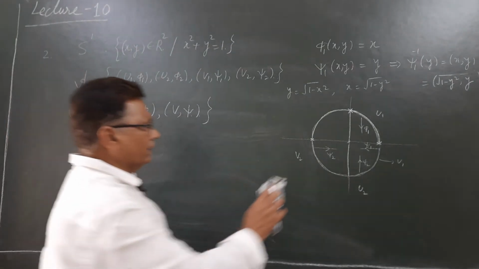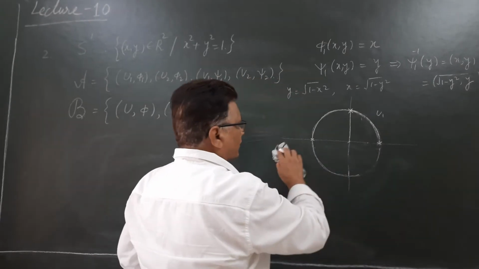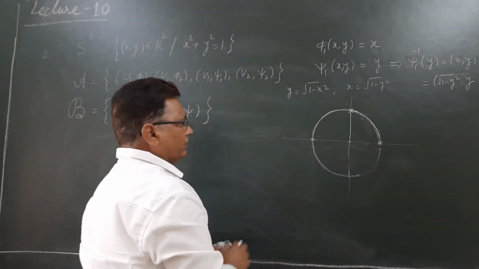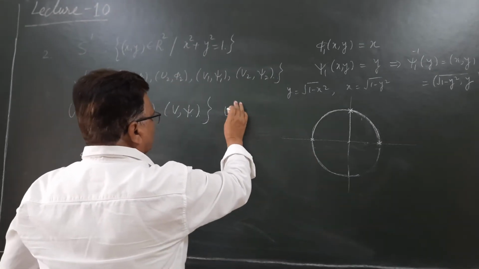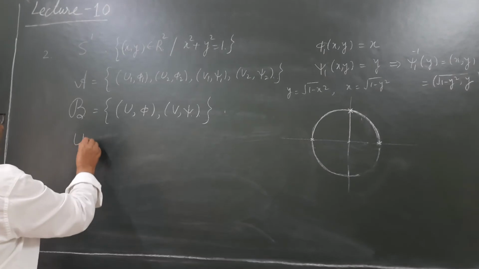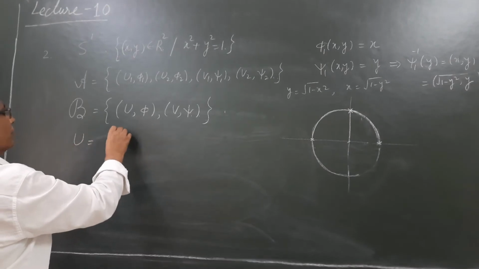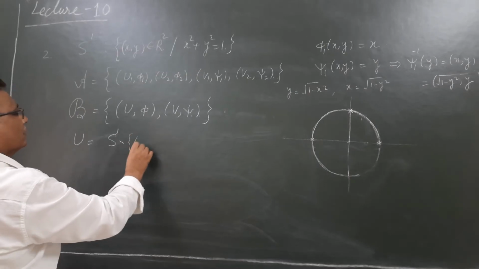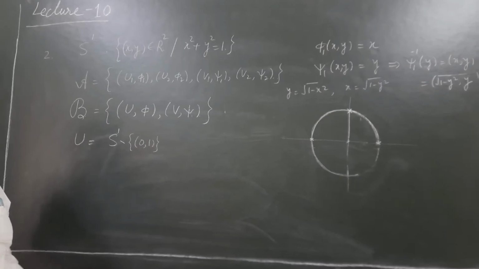If you remember, U was an open set consisting of all points of the circle except the point (0,1).